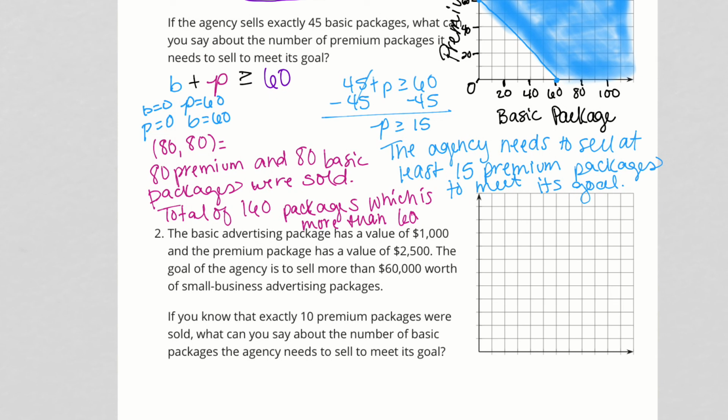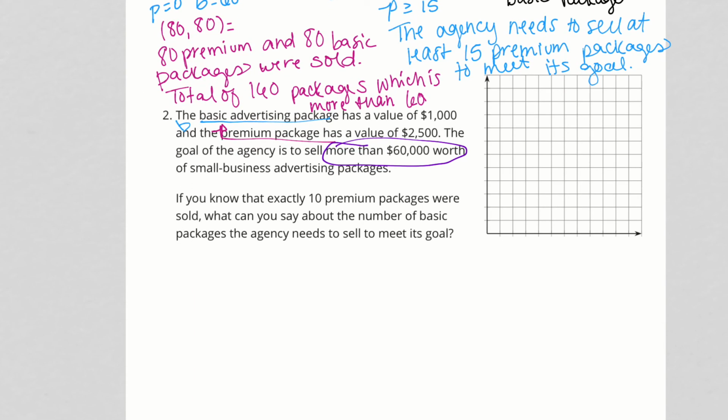So let's leave our B and our P. We have our B and we have our P, and then we have how much we want, more than. So what's my equation going to be here? 1,000B plus 2,500P is greater than 60,000.